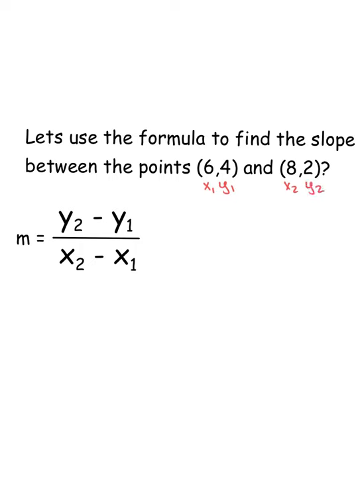All I have to do is plug them into the formula. So it's y2 minus y1 over x2 minus x1. If I do the math, I get -2 over 4, which I can reduce because both of those are divisible by 2. So this does become -1 over 2. That is the slope between those 2 points.